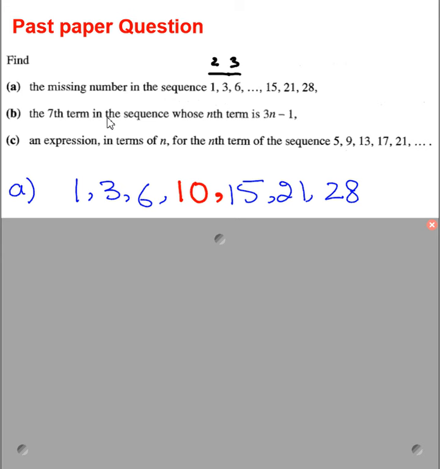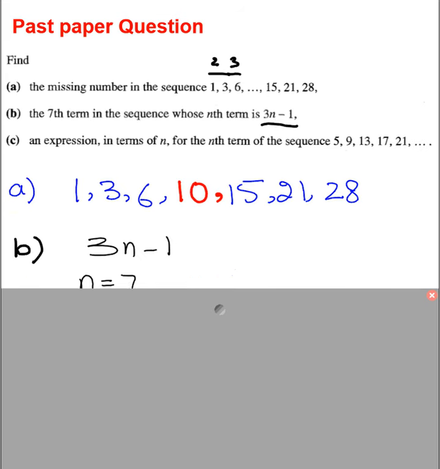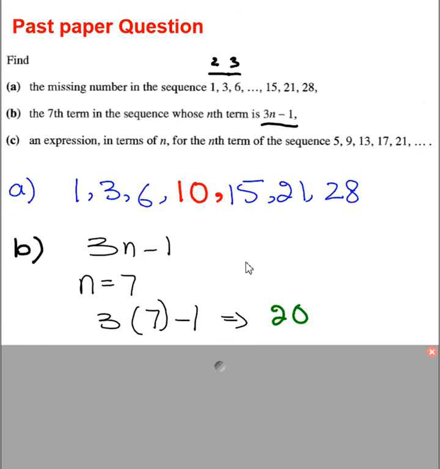The seventh term in the sequence, whose nth term is this? Now always remember, whenever the nth term is given to you, n represents the number of the term. So if it is saying seventh term, you just need to plug in 7 in place of n. This will give you what was the number at 7th place. So it is 20.